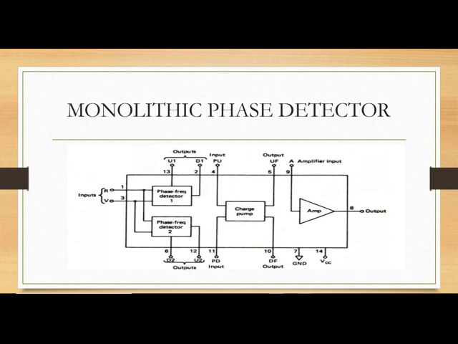That means the monolithic phase detectors are independent of the variations in the amplitude as well as the duty cycle of the input waveforms. So whenever there are critical applications, instead of exclusive OR or edge triggered type phase detectors, monolithic phase detectors are being preferred.